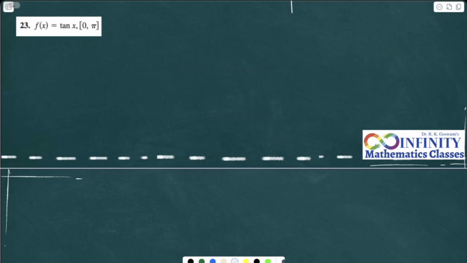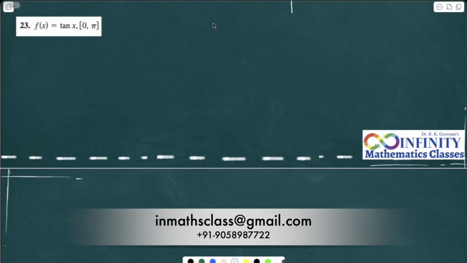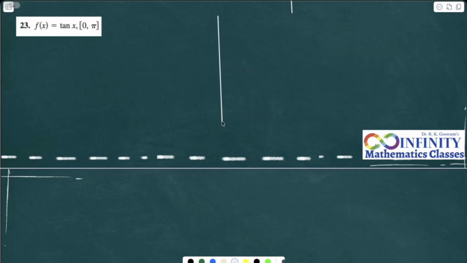Yeah, so tan is... You want me to draw the graph? Yeah, sure. Okay, so there are going to be vertical lines. This is the line I'm going to use for pi by 2.